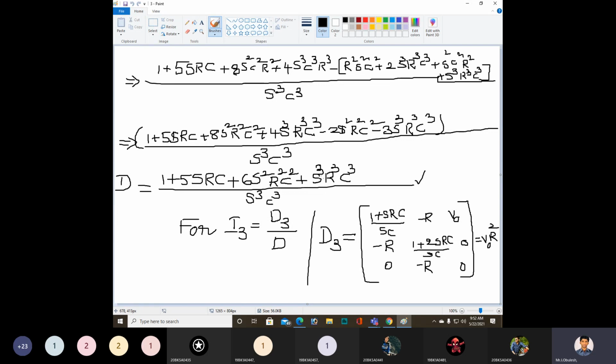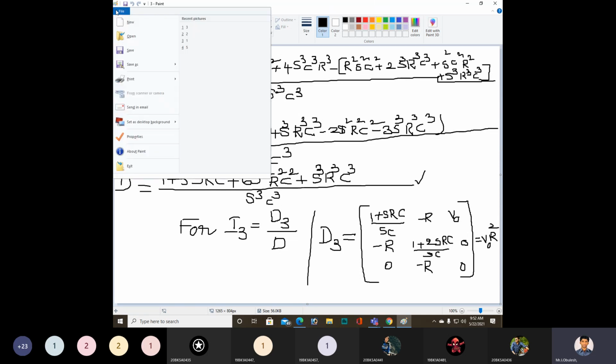After that, I3 is equal to D3 by D, where D3 is equal to V naught into R square.